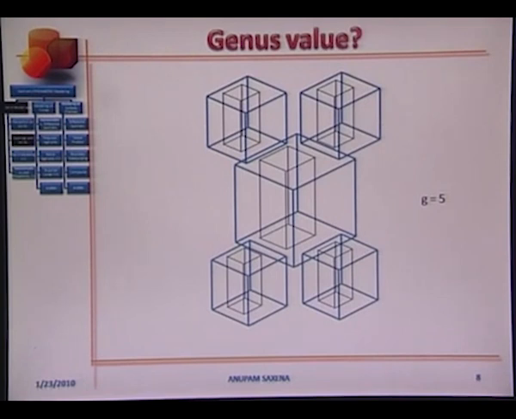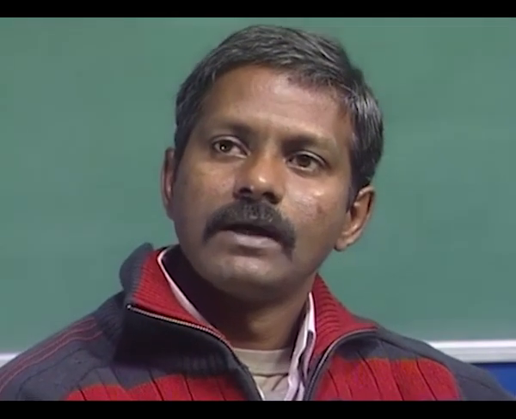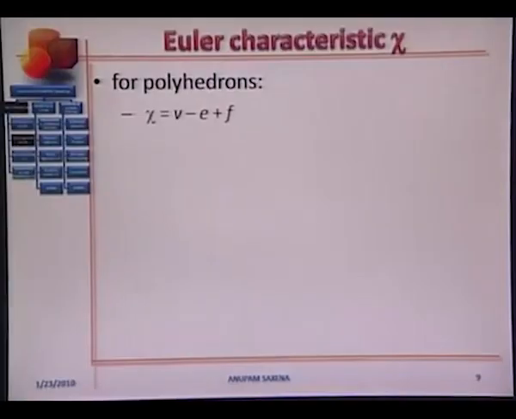Euler characteristic, represented by a Greek letter chi. This is an important property. For polyhedrons, it is given by V minus E plus F. V is the number of vertices in a polyhedron.